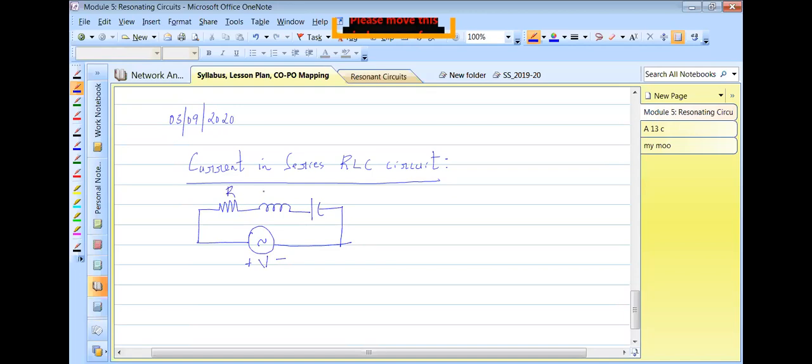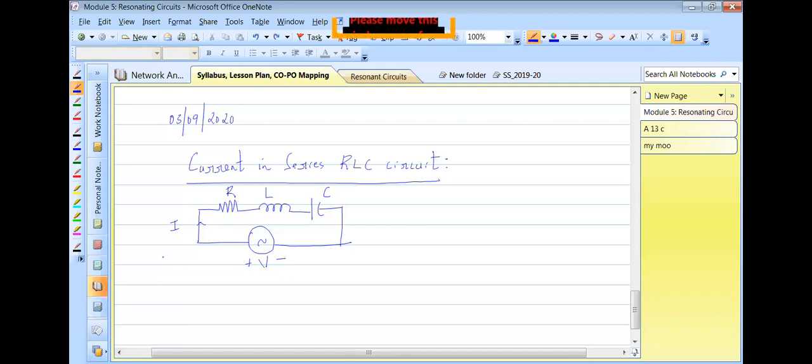This is R, this is L, and this is C. Soon after we connect, V and I is flowing. Understand that? So, can we write the equation for I is the question.